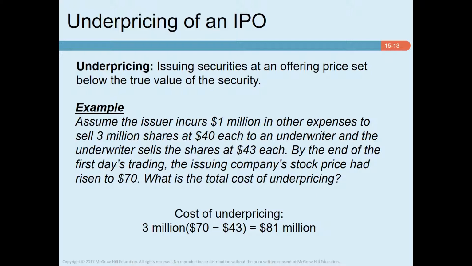Now, you understand that this IPO underpricing can be costly since the offer price is less than the true value of the issued securities. Investors who bought the issue get a bargain at the expense of the firm's original shareholders. These costs of underpricing are hidden, nevertheless real. For IPOs, they generally exceed all other issue costs.